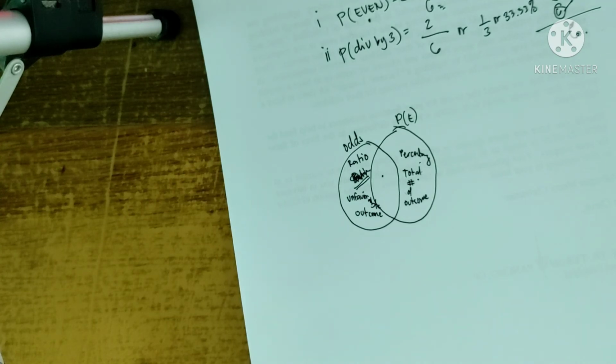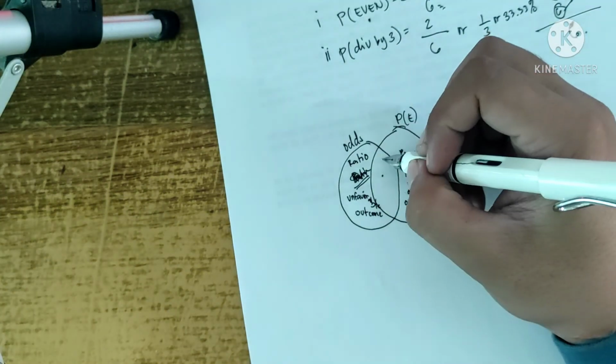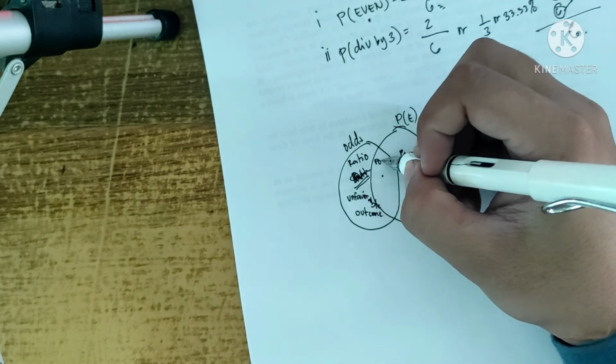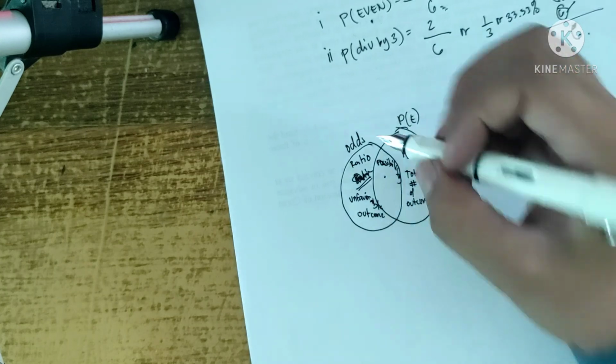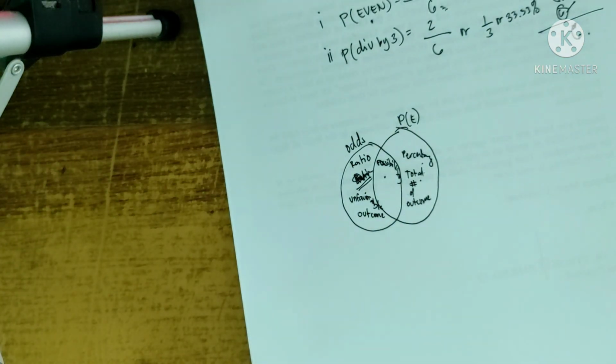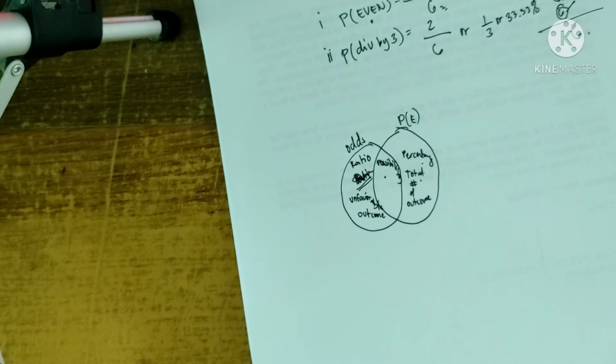And then sa commonalities naman nila is the possibilities. Okay? So, pag sinabi natin possibilities, yung mga posibleng mangyari, or the percentage of, or the outcomes of an event. Parang ganun.